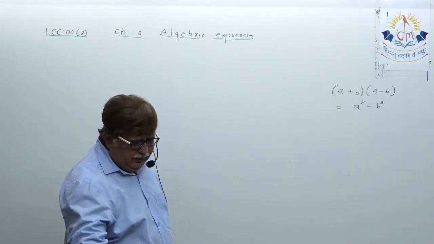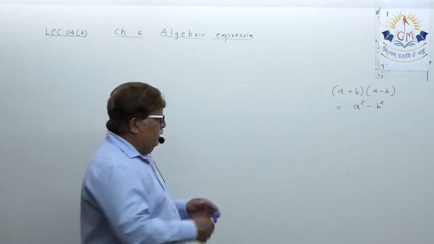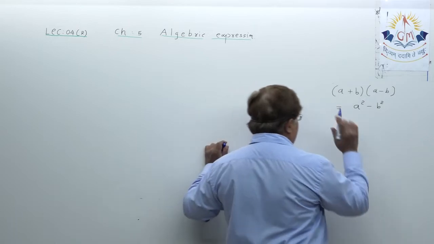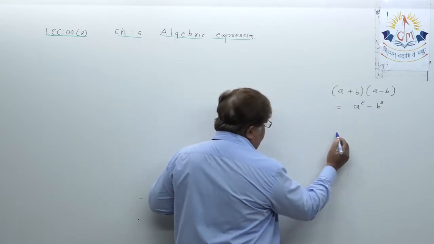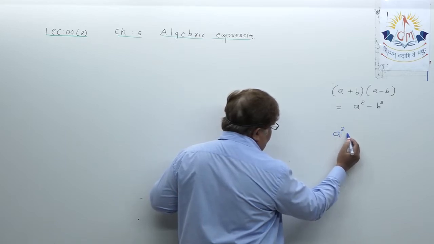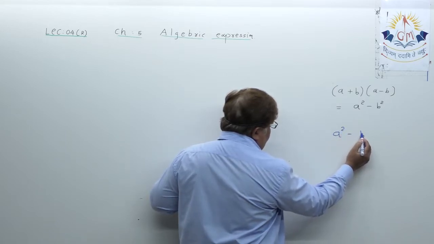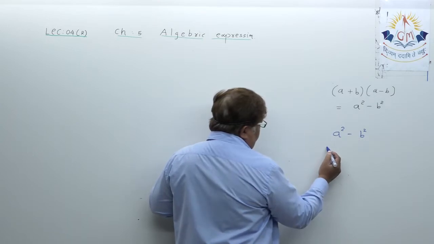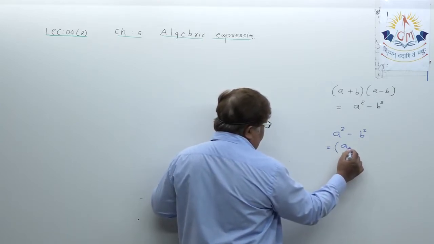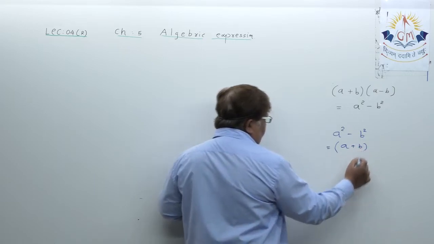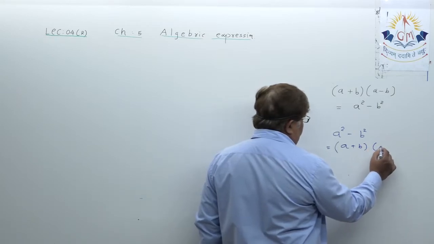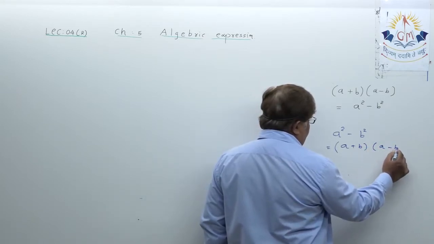So dear students, let me write the reverse of this. This we are ignoring, but I am writing the identity in this way: a square minus b square equals a plus b into a minus b.